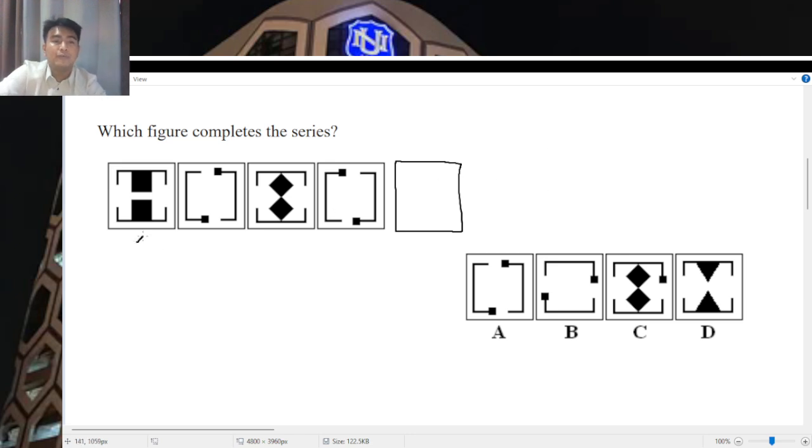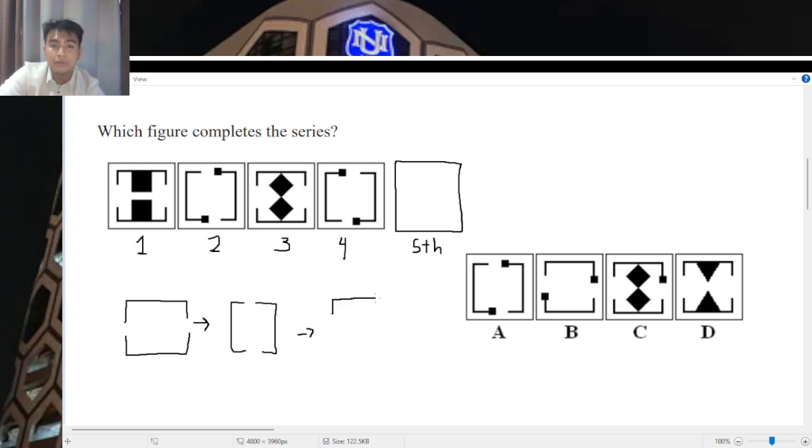Okay? So we can number these patterns into 1, 2, 3. And we're looking for the fifth object or fifth pattern or fifth term. Okay, let's just call it fifth term. Have you noticed that in every term, there is a rotation of these outer lines? So I'm going to call them outer lines. After the second term, it will rotate in a 90-degree angle, and going to the third term, it goes back to being like this.